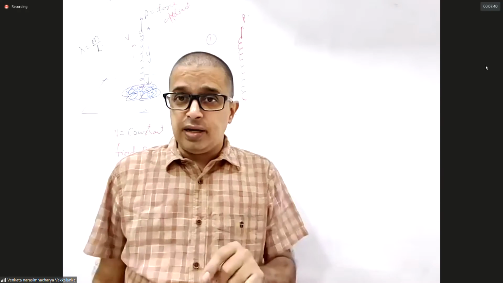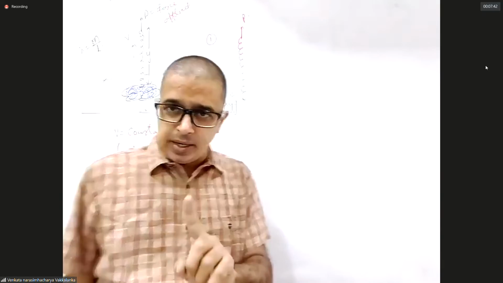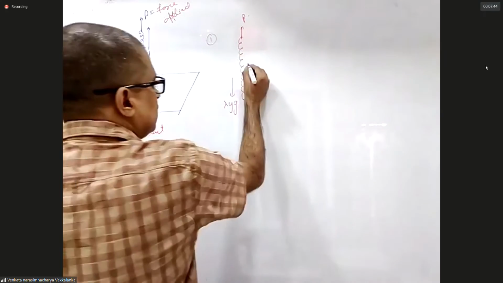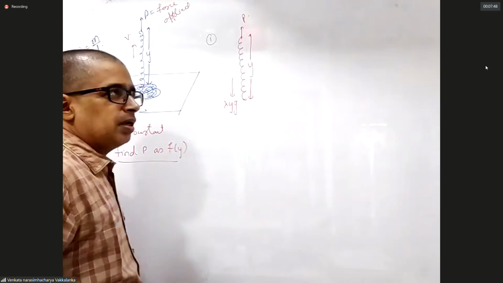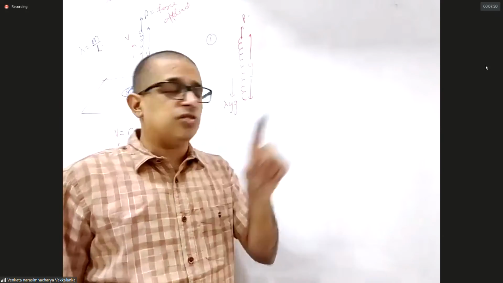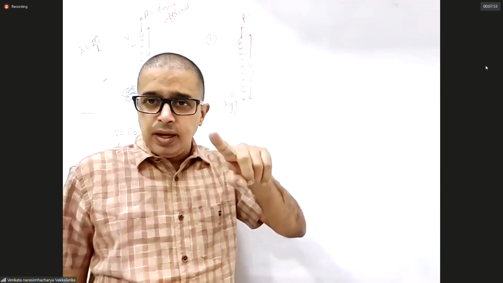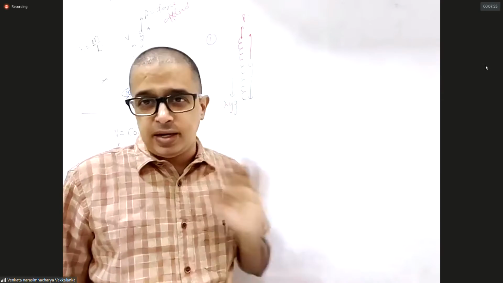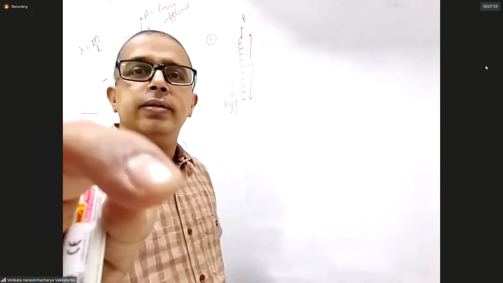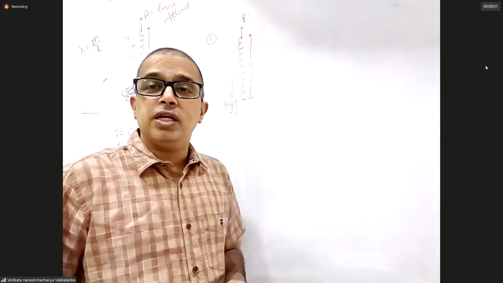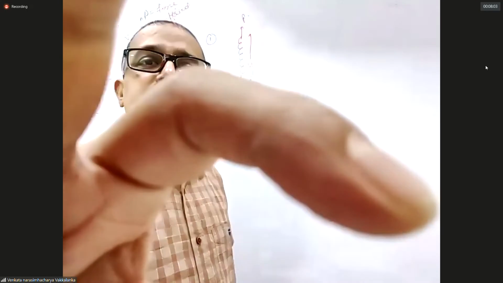But for direction, there are two ways which I told you. One, this mass is increasing, y is increasing. Am I right? Yes, sir. Mass is increasing, so thrust force on this will be in the direction of V relative.